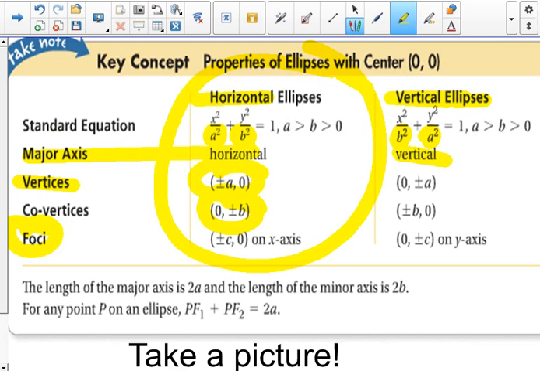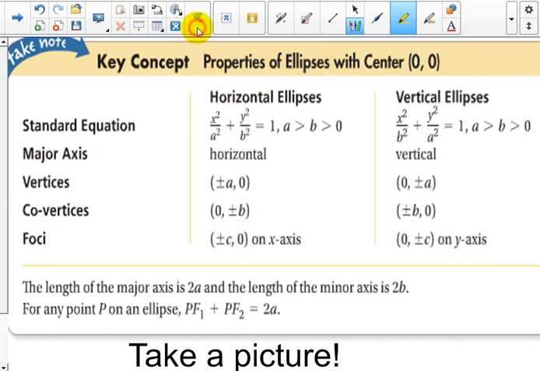And our foci is positive, negative, c and 0 on our x-axis. Then for vertical ellipses, our vertices are 0, positive, negative, a. Co-vertices are positive, negative, b, 0. And our foci is 0, positive, negative, c on the y-axis.